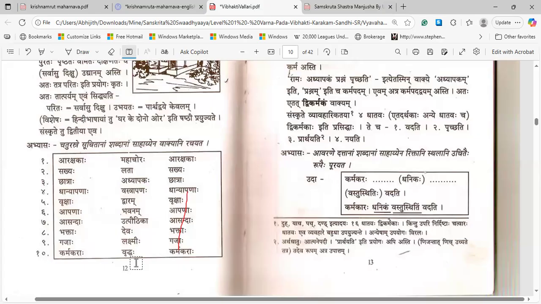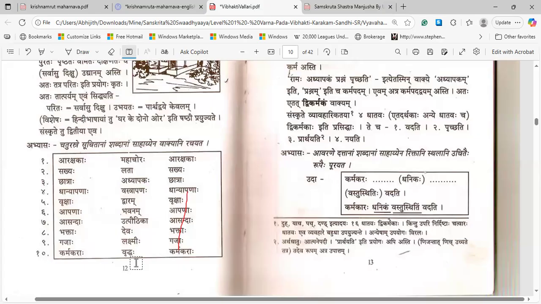देवम् उभयतः भक्ताः सन्ति. No, Bhaktaha will be in Prathama Vibhakti only.